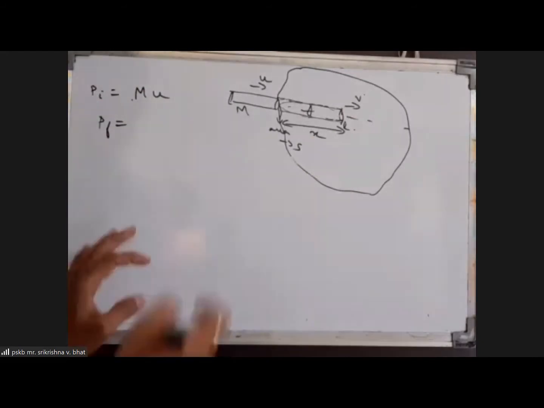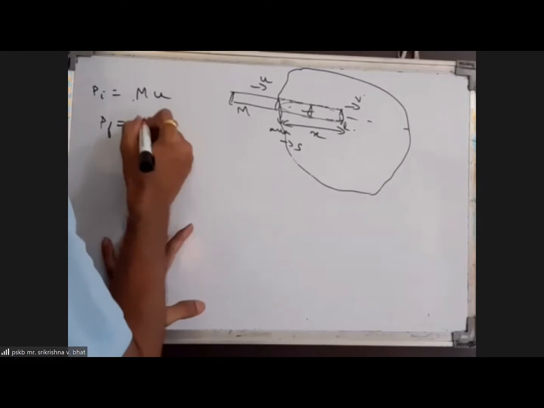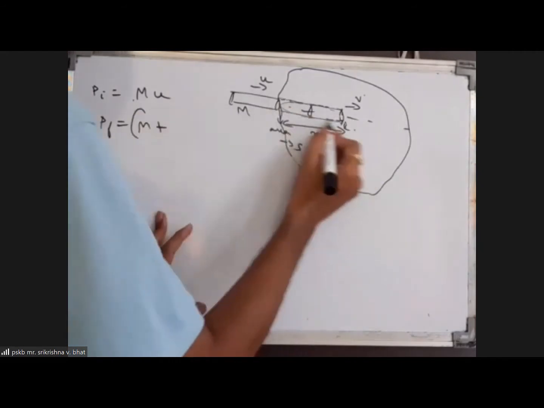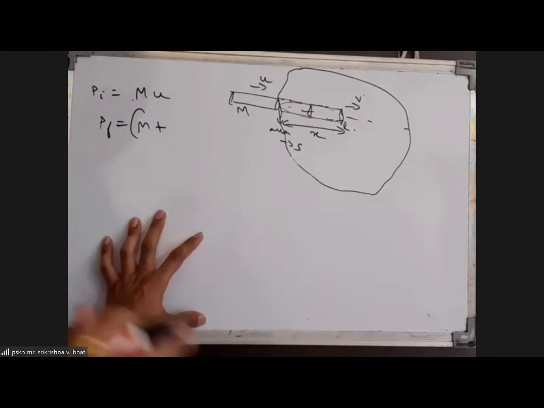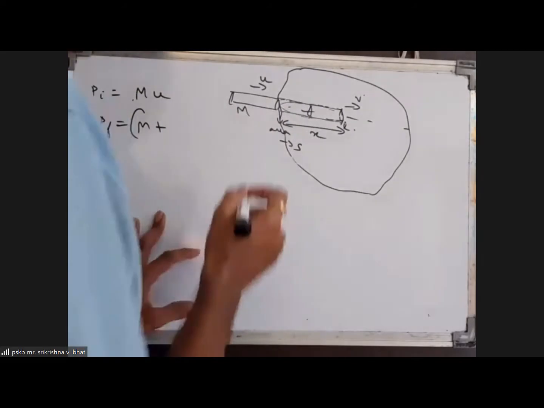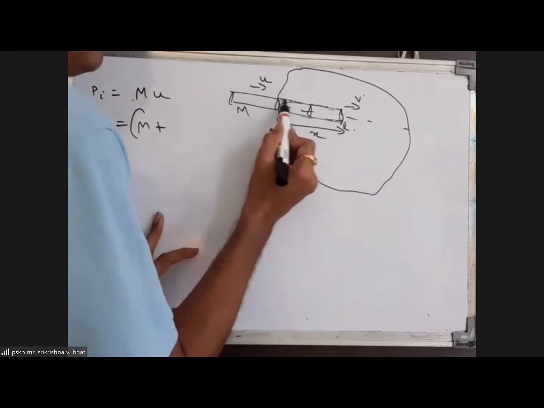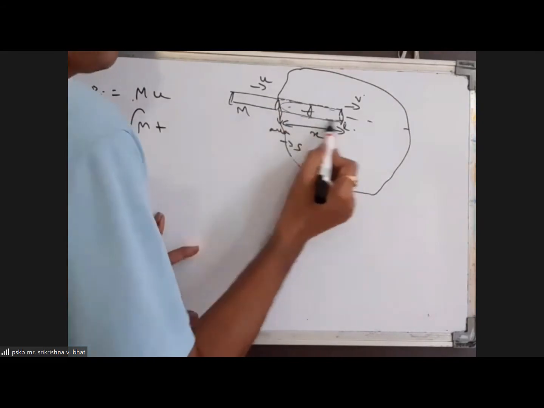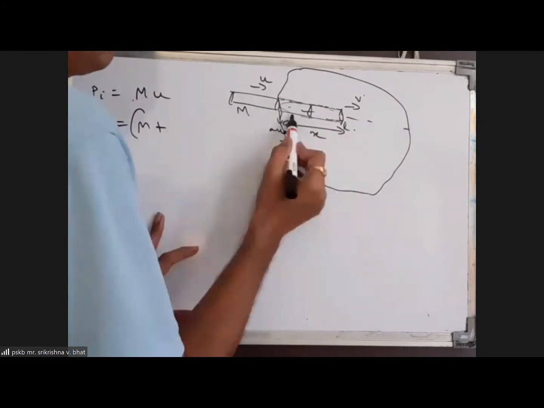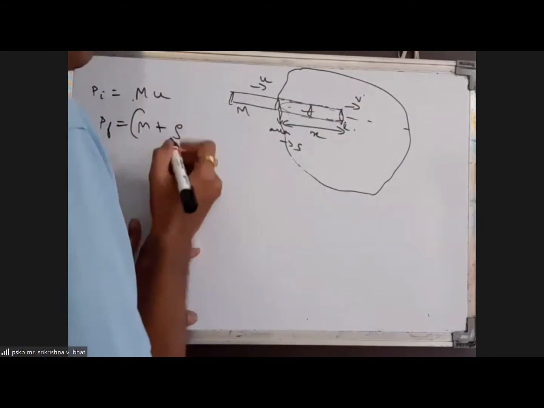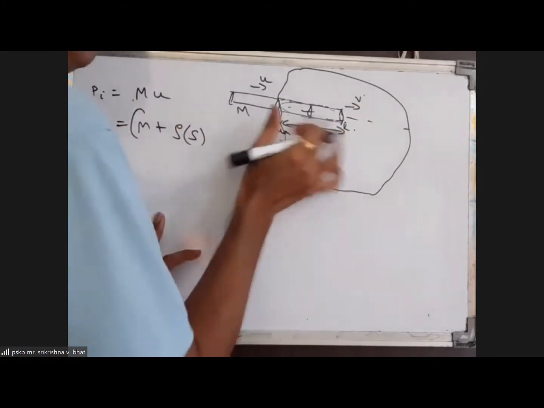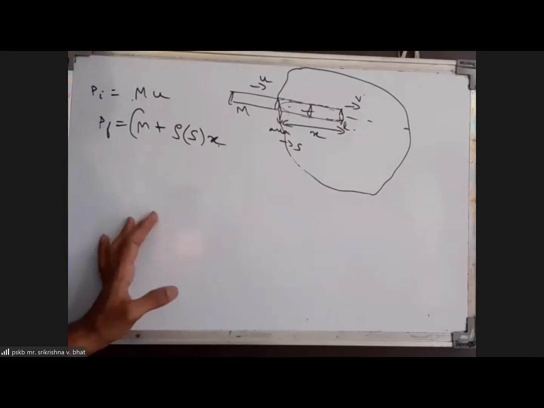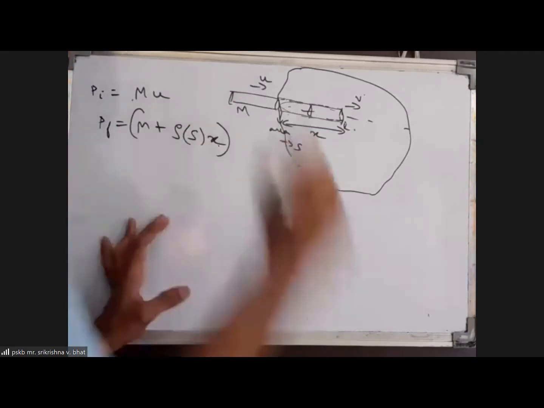So we'll take the total mass to be M plus the mass of the particles of the cloud which have stuck to the cylinder. That is the mass of this region of the cloud, which will be density into volume, that is rho into area S into distance x, so rho S x.